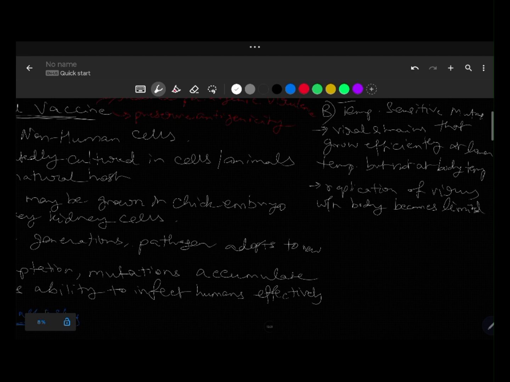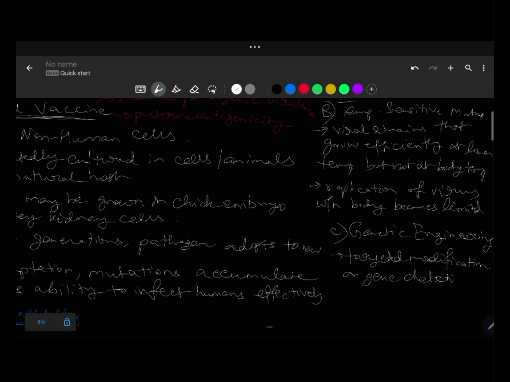And number 3, which is the most common, is genetic engineering. This allows targeted modification or deletion of genes associated with virulence.